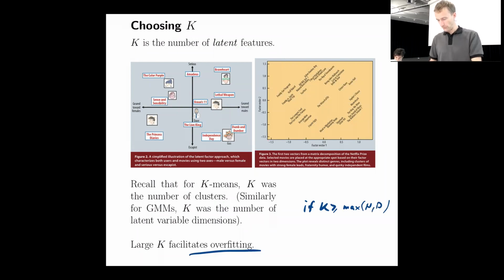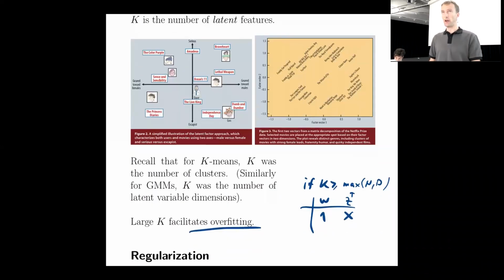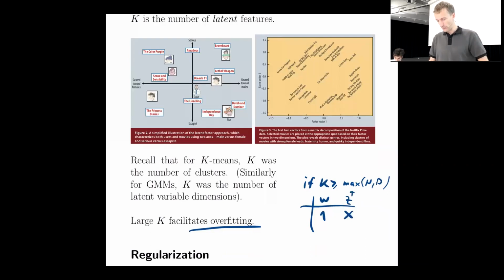If k is sufficiently big, then you can just set W to the identity and set Z to X. And 1 times X is a perfectly fine factorization, so the product is perfectly equal to X.